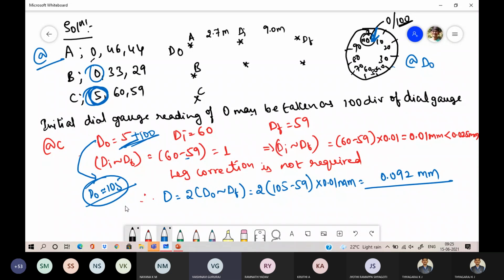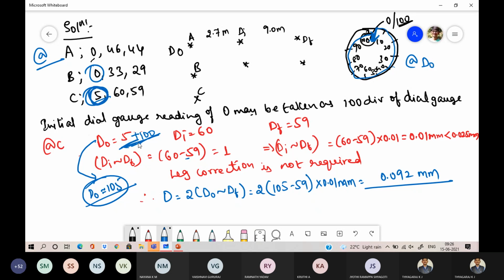Sir, if all the points have their initial value starting at a number which is not 0, then you have to add 100. Okay. What it indicates is that at the initial position, the deflection has already occurred, and before applying the load, the dial gauge needle has rotated one round and moved to the 5th division.